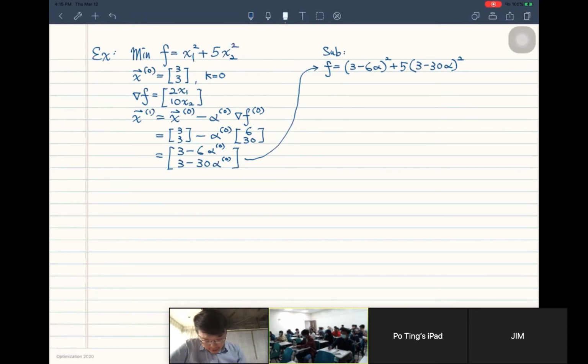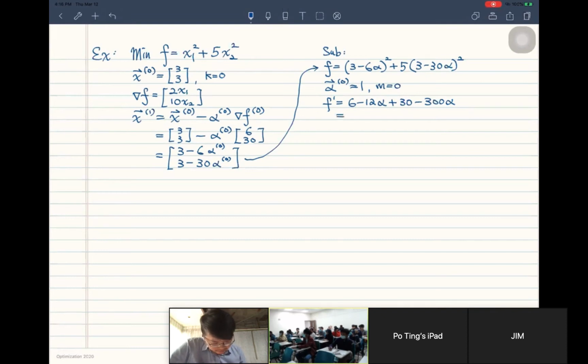Now, I need to have my initial alpha 0. So let's make a guess: 1. I don't know. So my iteration number m equals 0. And for 1D Newton, I'm using the line search, right? For 1D Newton, I need to do the first derivative, which will be 6 minus 12 alpha plus, multiplied by 10, 30 minus 300 alpha, right?